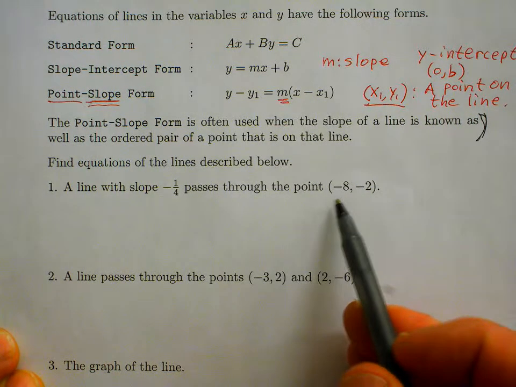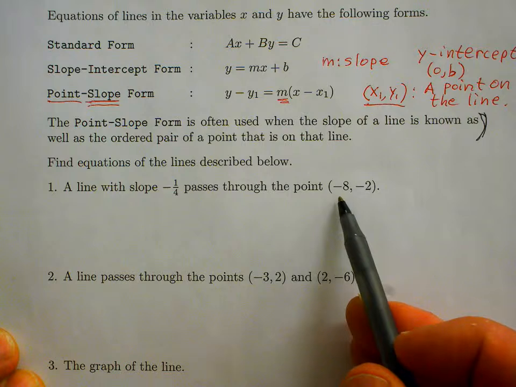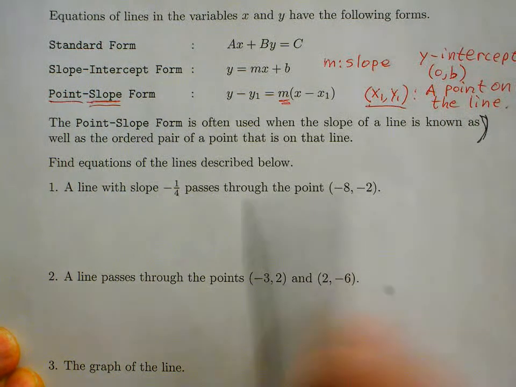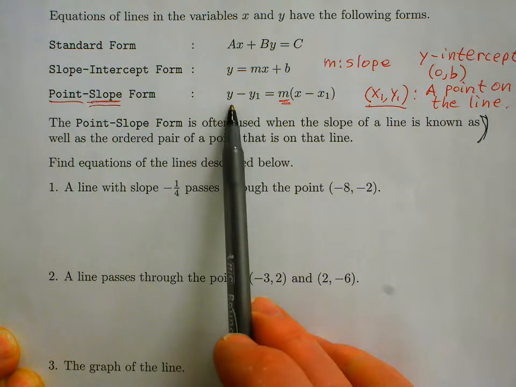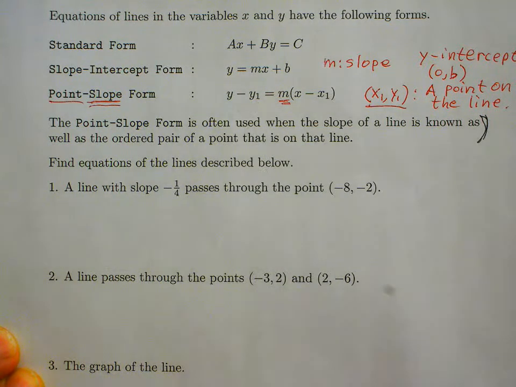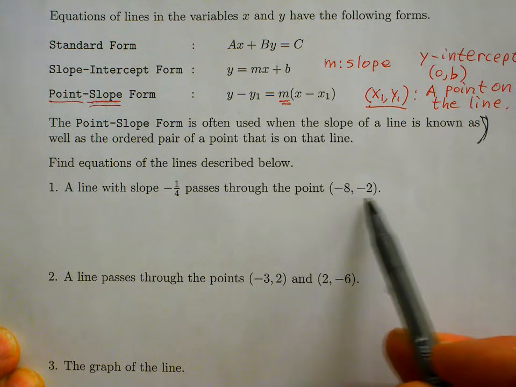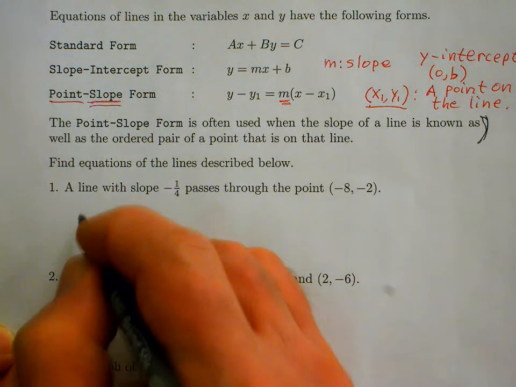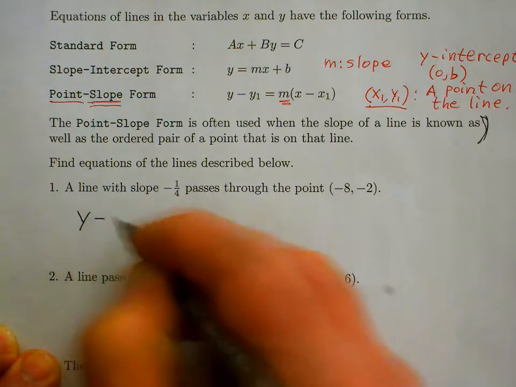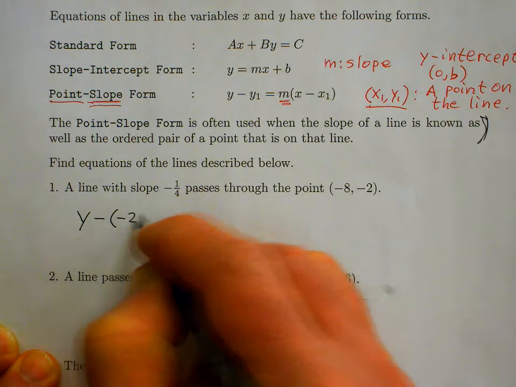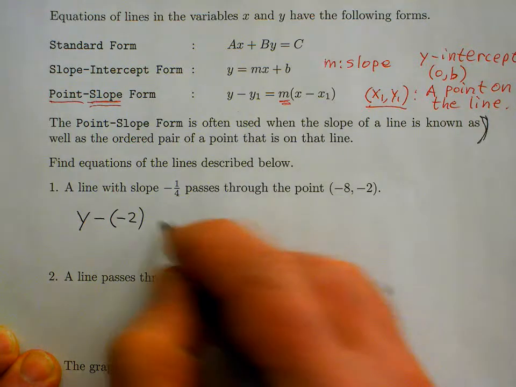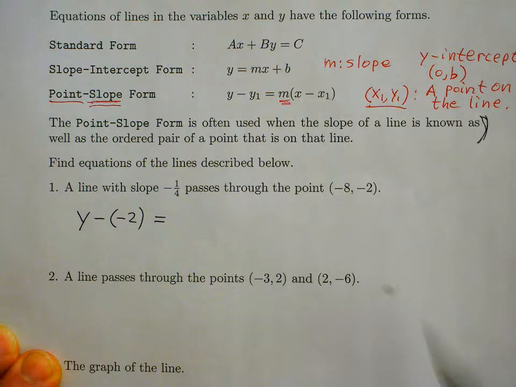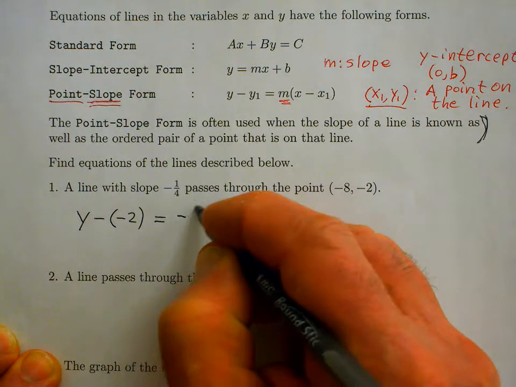So one thing to watch out for, make sure that you don't mix up the x-coordinate and the y-coordinate. In the point-slope form, on the left-hand side, y minus y1. So for this particular example, the y1 is -2. So we'll start by writing y minus the number -2. And then on the right-hand side, we have the slope. That's given to be -1/4. So we write -1/4.